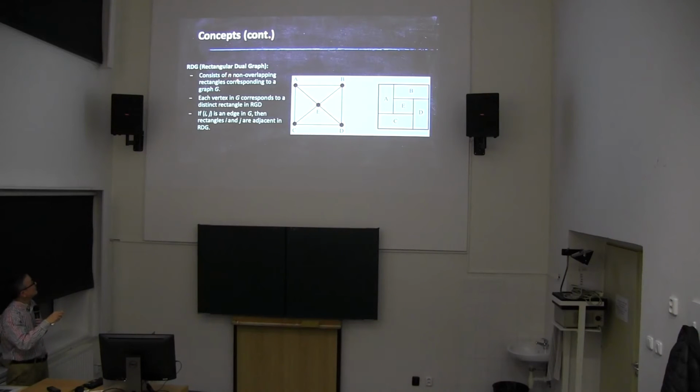It basically consists of non-overlapping rectangles like this one. This is a very simple example, and each vertex in this G corresponds to a distinct rectangle in here. There is an edge between them if they are adjacent. Okay, so this is easy.